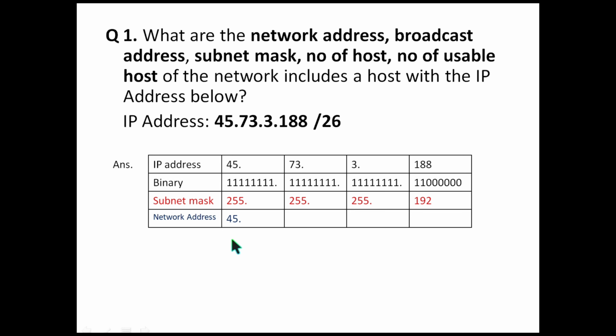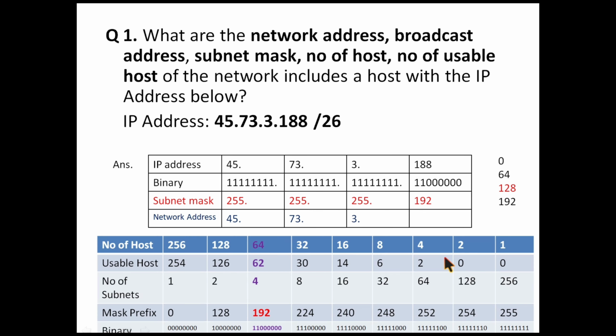Now let's find out the network address. We have to look only at the 255. If the subnet mask value is 255, then simply copy the IP address. If it is not, then we have to check a table. This is the table; if you can memorize it, it is very useful in calculating subnetting questions. So we check the subnet mask value, that is 192. In this table it is here, 192. Number of hosts is 64.